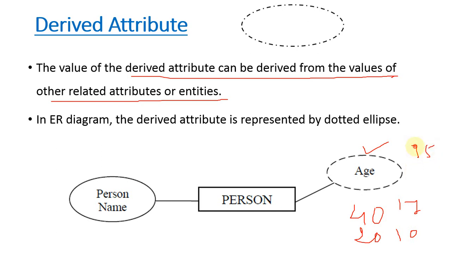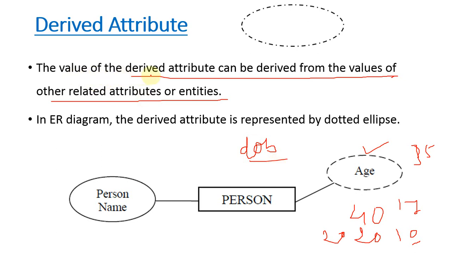How can you say an employee is 35 years old? How can you say exactly it is 20? How can you say the student is 10 years old?